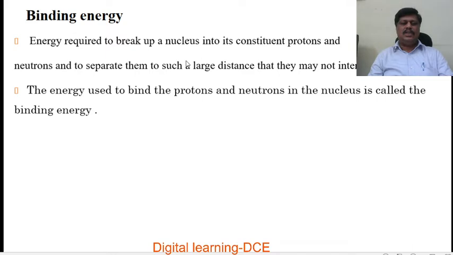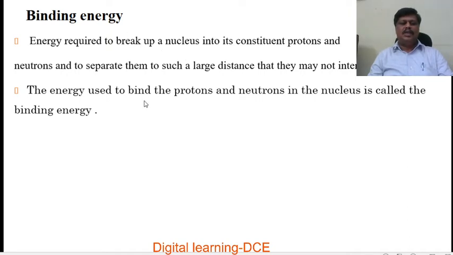So we know that inside the nucleus both protons and neutrons are held together with a strong nuclear force, and it is very difficult to separate the protons and neutrons. So the energy that binds the nucleons inside the nucleus is called binding energy.